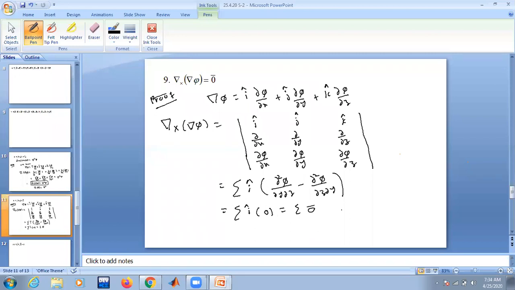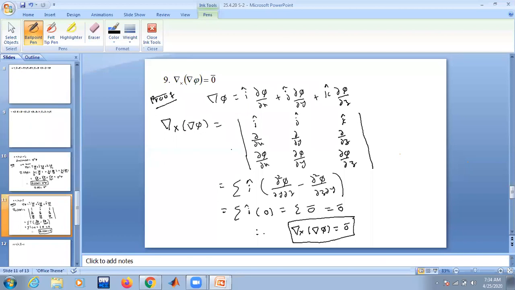Sigma 0 bar is 0 bar. Therefore, for any scalar function, curl of grad phi is always 0 bar. Is that okay?